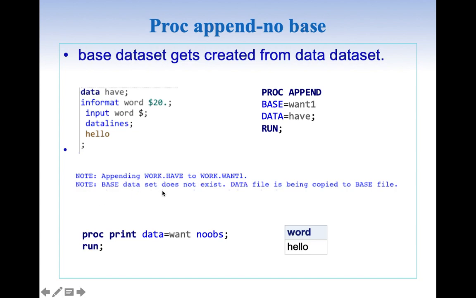Note: Base table does not exist. Data file is being copied to base file. And then here we have PROC PRINT, and we see the dataset being created. The point I want to emphasize here is whenever we don't have a base table, it creates a base table.